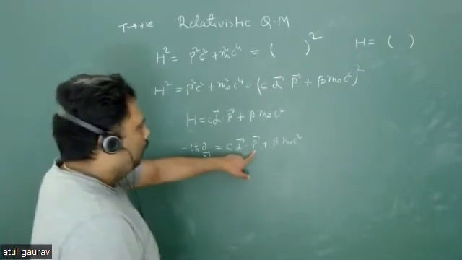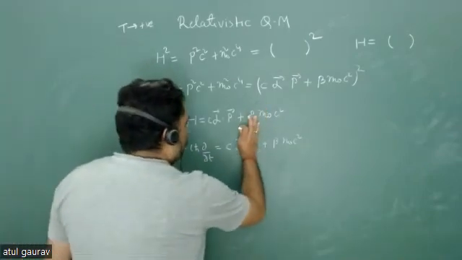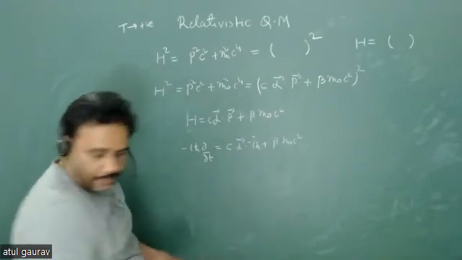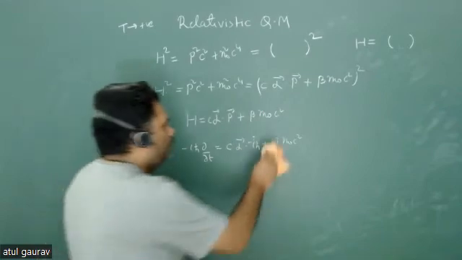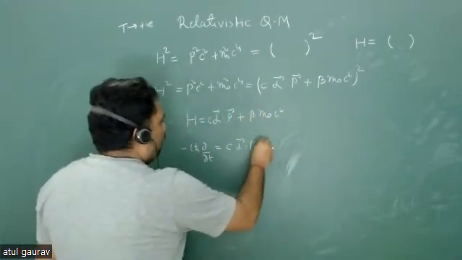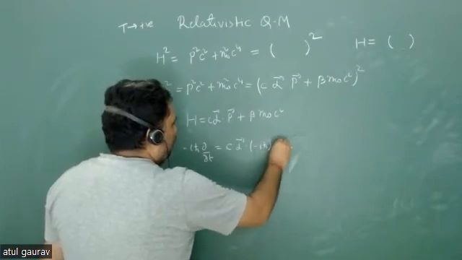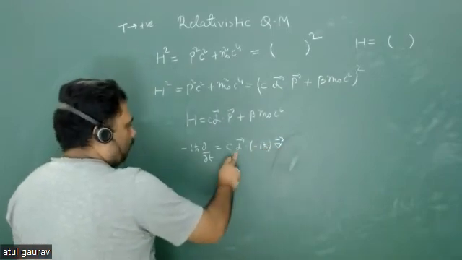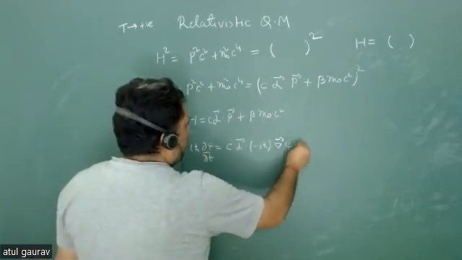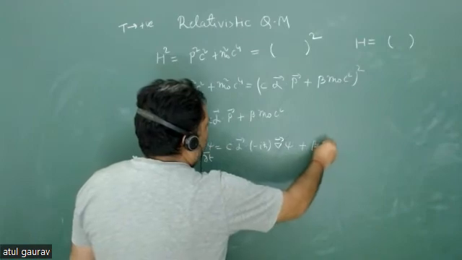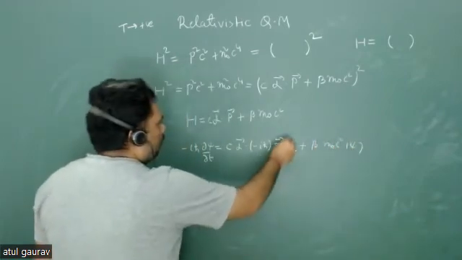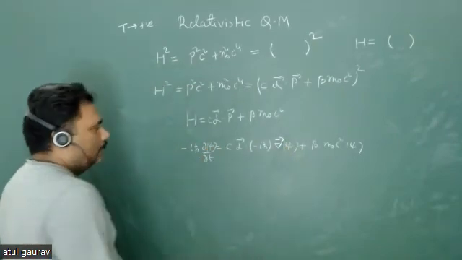And what is this P? This P is nothing but minus i h cut del, so I can write it in a very nice way: minus i h cut c alpha dot del psi plus beta m naught c square psi. You can just go for ket also, don't worry.